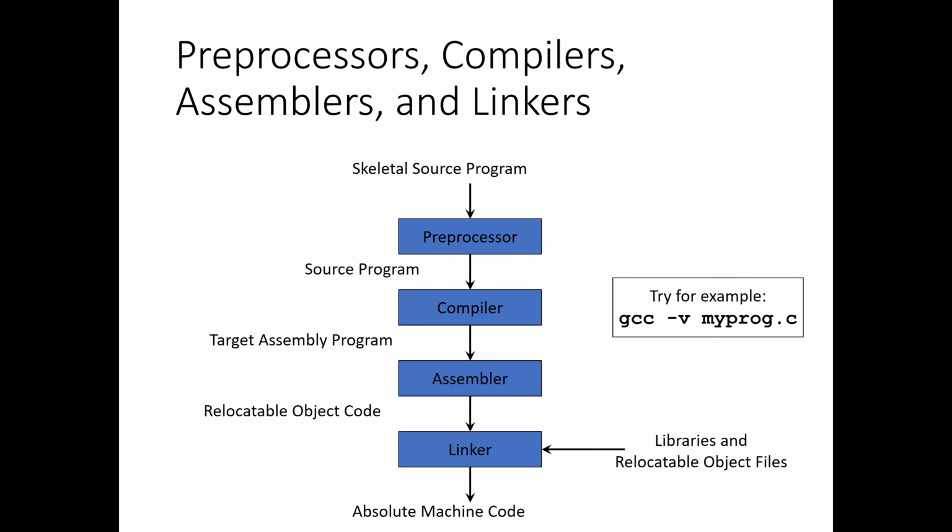These are the different tools. We also discussed what a preprocessor, compiler, assembler, and linker are, and how the conversion happens from the given source program into absolute machine code. I hope you understand this basic concept of compilation and interpretation.